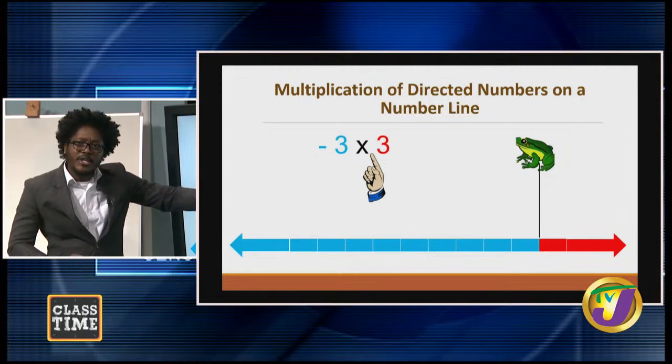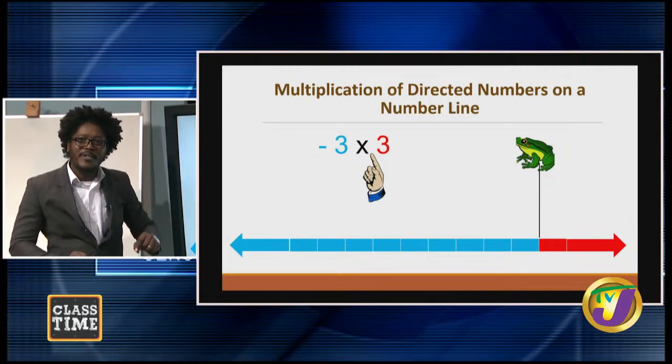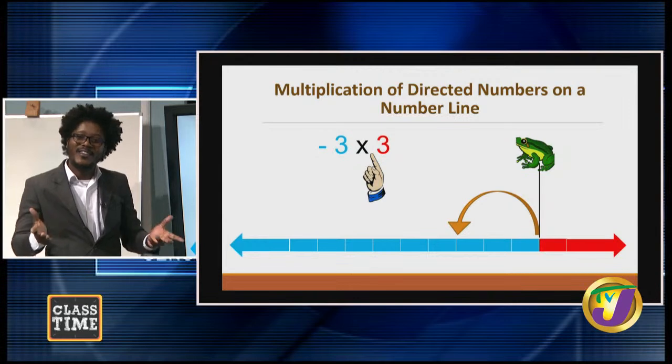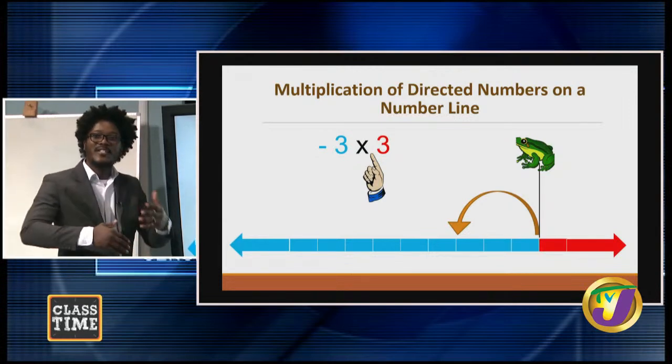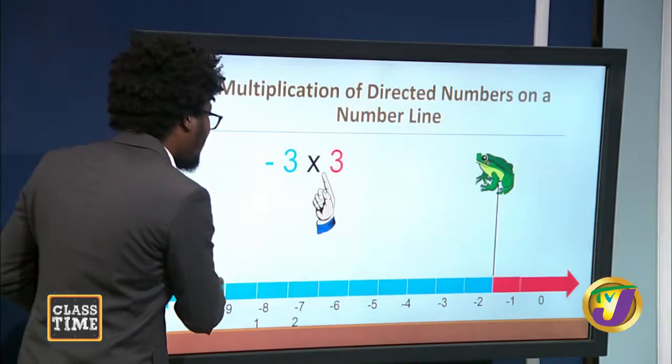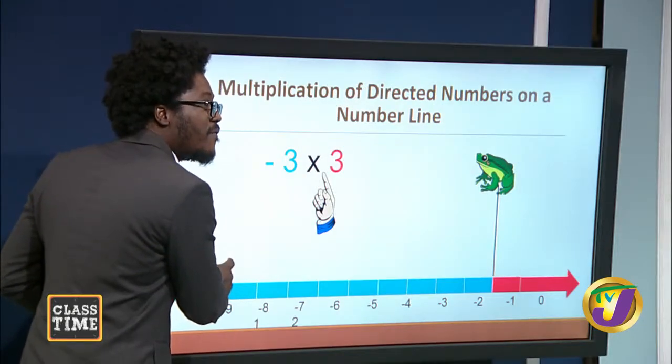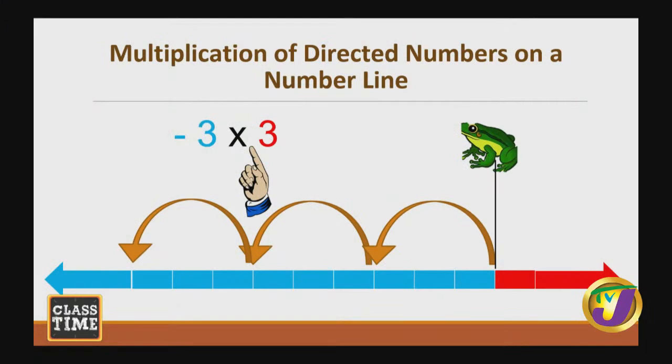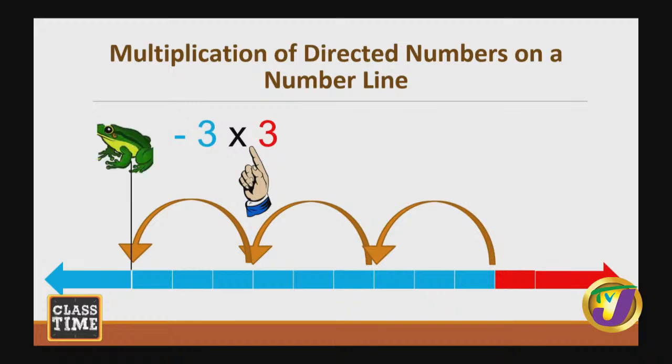And which direction is our Froggy going to jump? He's going to jump forward. Exactly. Because positive is jumping forward. Let's go. He's going to jump 3 spaces forward facing left. 2, 3. Excellent. And we realize, having jumped so many spaces forward, our Froggy now lands on negative 9. So our result is going to be negative 9.